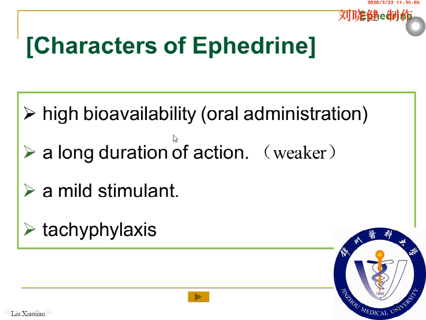It also has a longer duration of action, but it is relatively weaker than the other agonists you have just studied, even including dopamine. Because it's a non-catecholamine, it can pass across the BBB. So in the CNS, it has a mild stimulant effect.